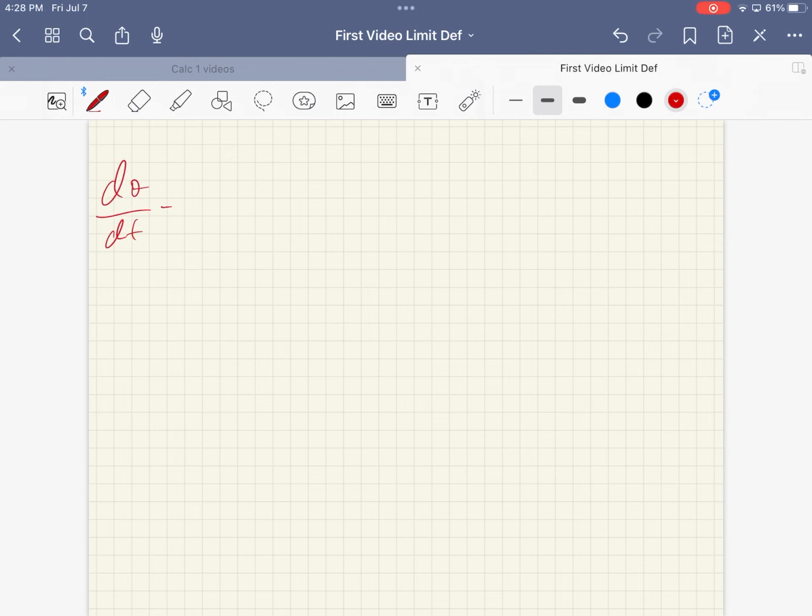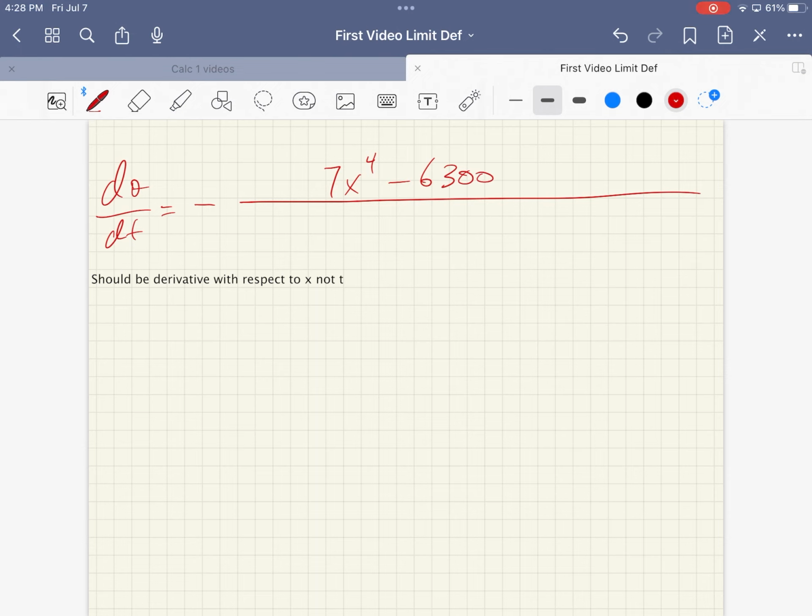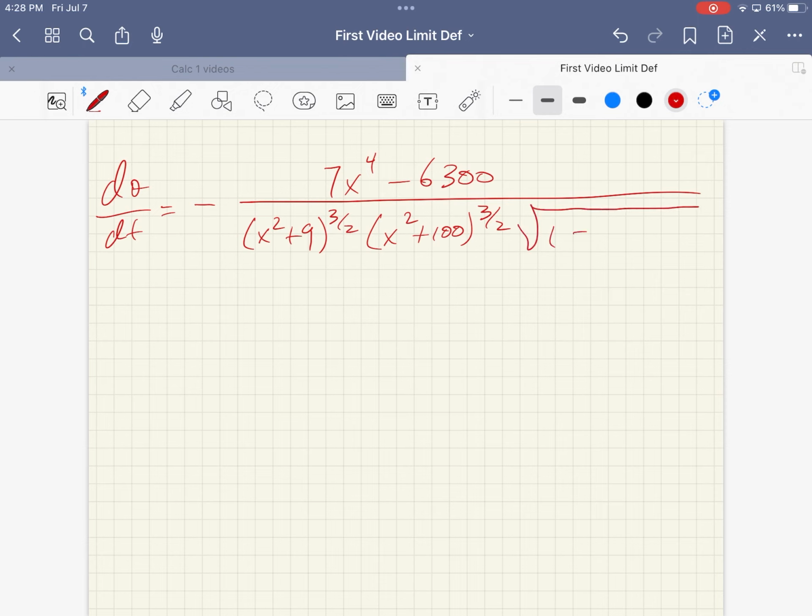Okay, so d theta dt is going to equal negative, and then we're going to have 7x to the fourth minus 6,300 over, and then what we have on the bottom here is this x squared plus 9 raised to the 3/2 times x squared plus 100 raised to the 3/2 times the square root of the 1 minus that 49x squared over x squared plus 9 times x squared plus 100.